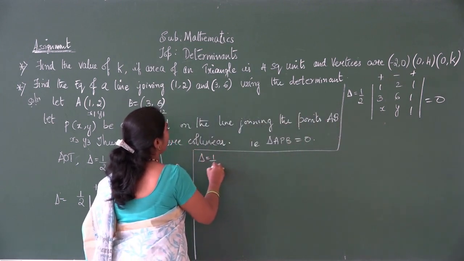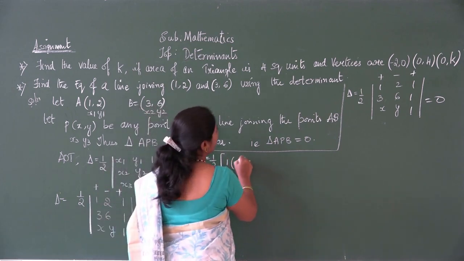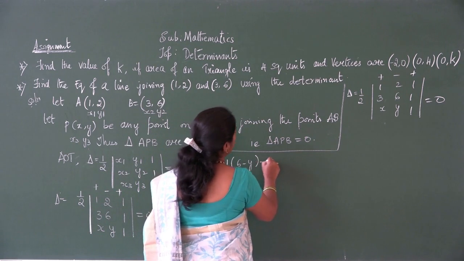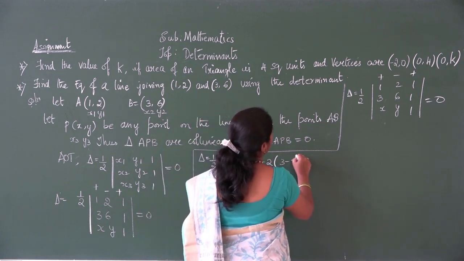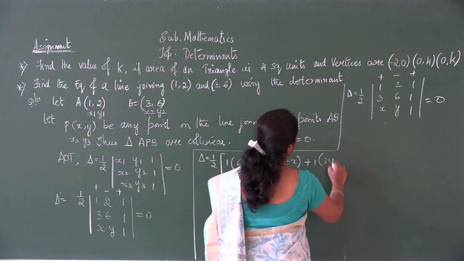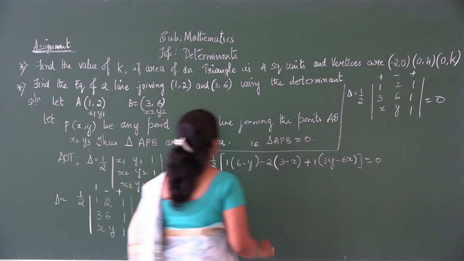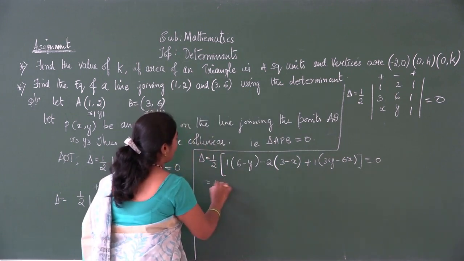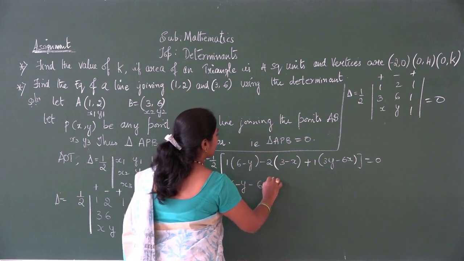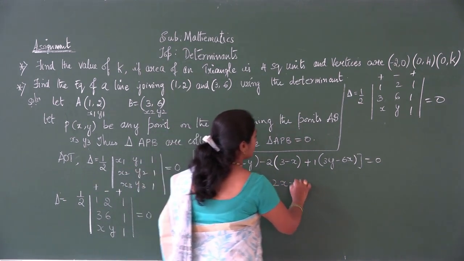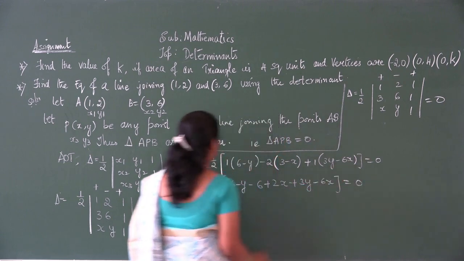Delta is equal to half into 1 into 6 minus y, minus 2 into 3 minus x, plus 1 into 3y minus 6x equal to what? 0. So, this is half into 6 minus y minus 6 plus 2x plus 3y minus 6x equal to 0.